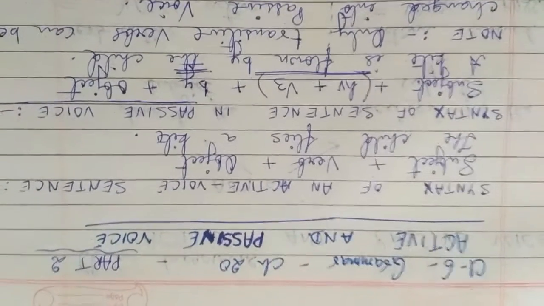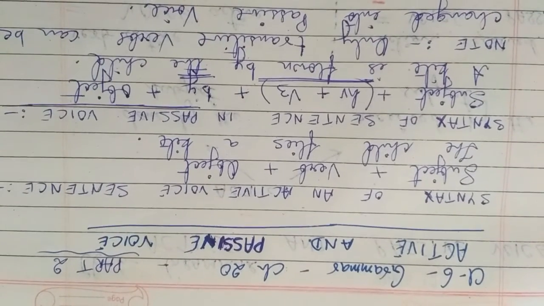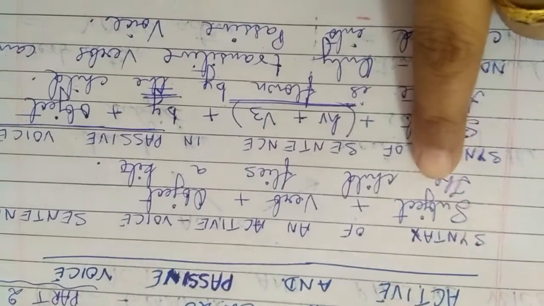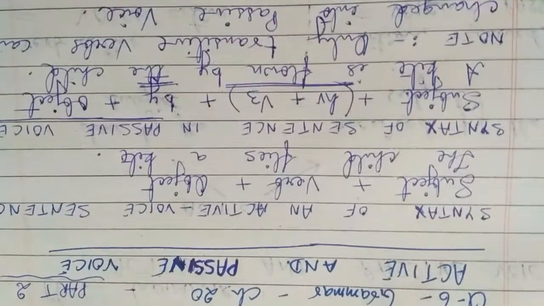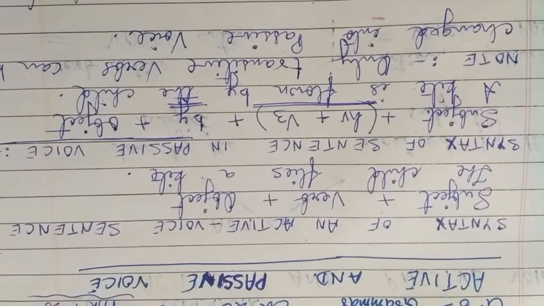Now regarding the syntax, the format of writing a sentence in active voice, the sentence will be written as subject plus verb plus object. This is the normal way of writing a sentence in English language.